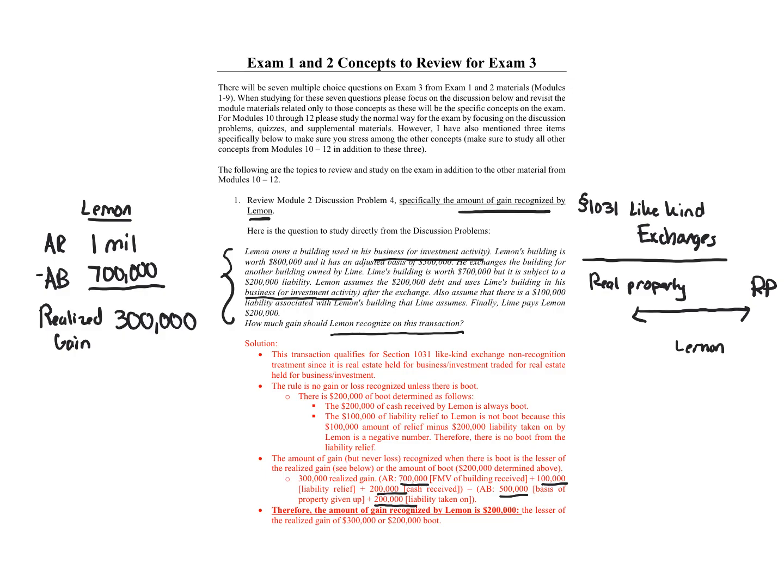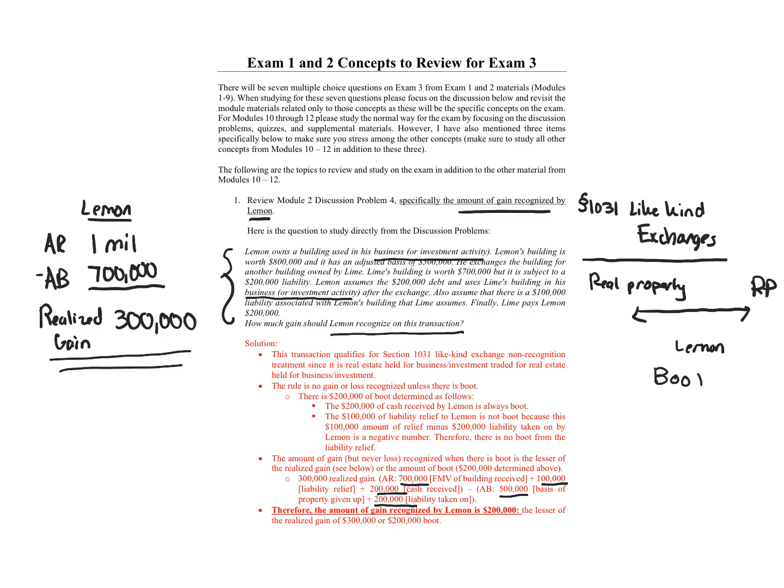Now, the key, though, is if you receive anything other than property that qualifies, you might have to recognize gain to the extent of boot, but never loss. So that's what Lemon has here, because Lemon receives liability relief and also cash, which are not considered real property. So we've got a $300,000 realized gain, and we also have boot.